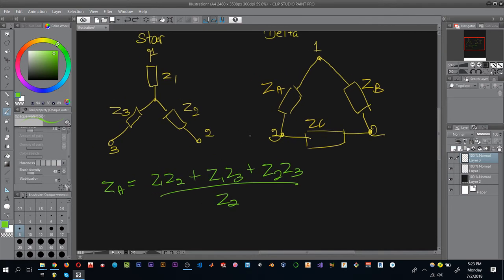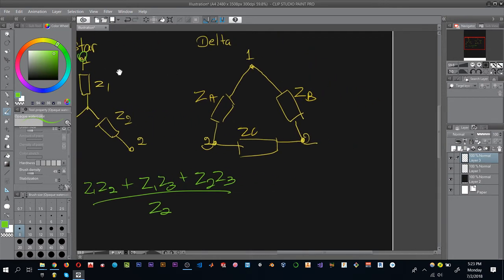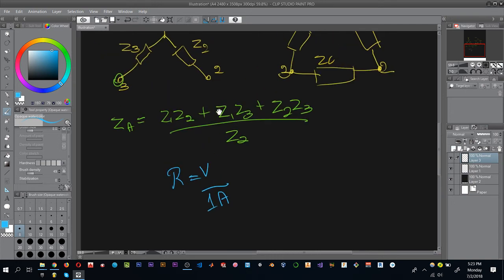To begin, our goal is to get the equivalent resistance between points 1 and 3. Resistance is the amount of voltage it takes to let 1 ampere of current pass through a circuit.